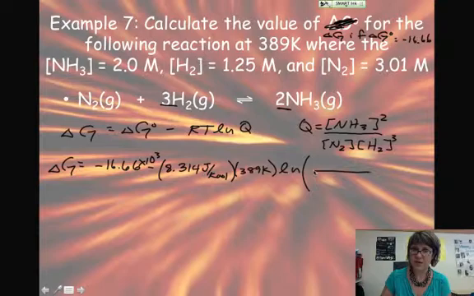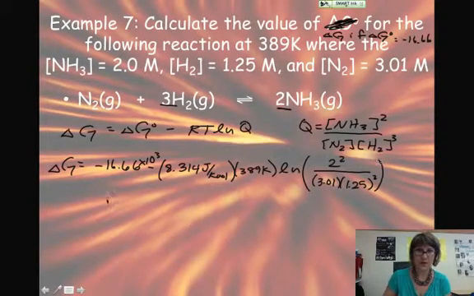So let's put those numbers in next. My concentration for ammonia is 2 molar, and that's squared. Then the concentration of nitrogen is 3.01 molar, and the concentration of hydrogen is 1.25 molar. That's raised to the 3rd power. All right, get your calculator ready, and let's crank this through.